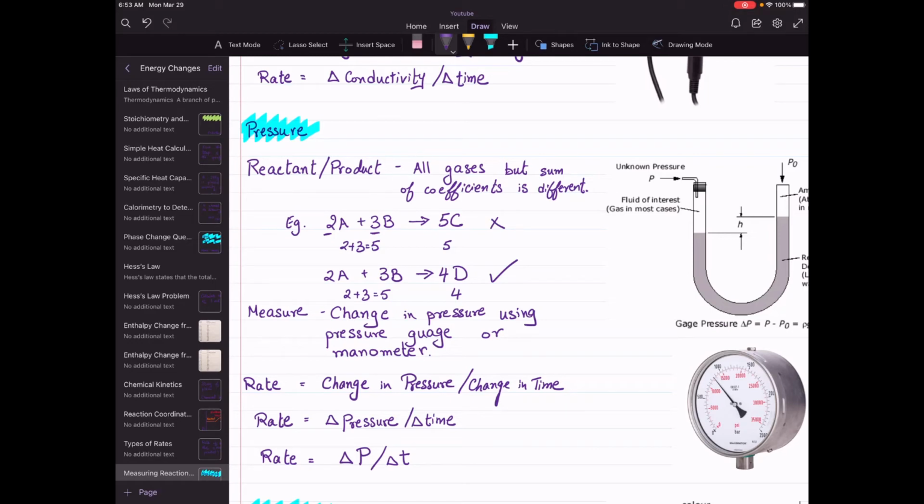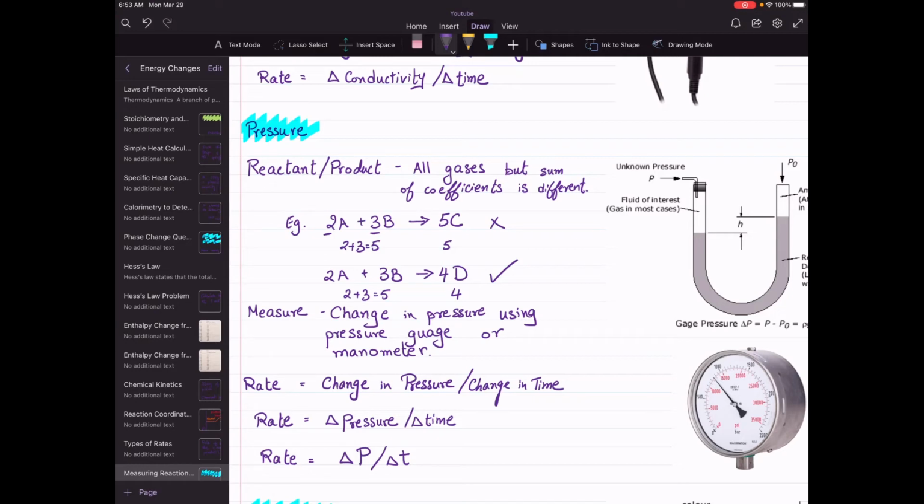Because what will happen is as the reaction progresses, the number of gas particles will be reduced. In other words, the pressure will decline over time. In the same way, if you were to have a bigger number of the coefficient on the right hand side overall, then the pressure would have increased as the reaction progressed.